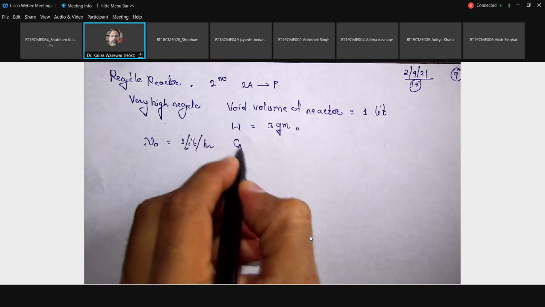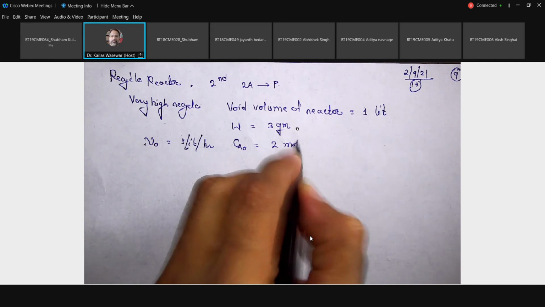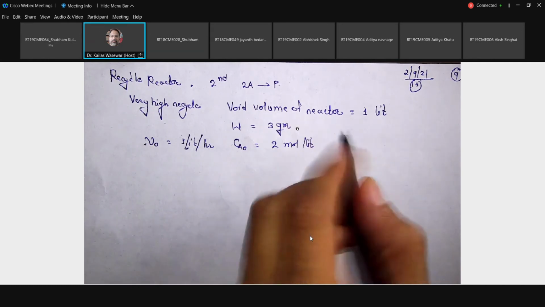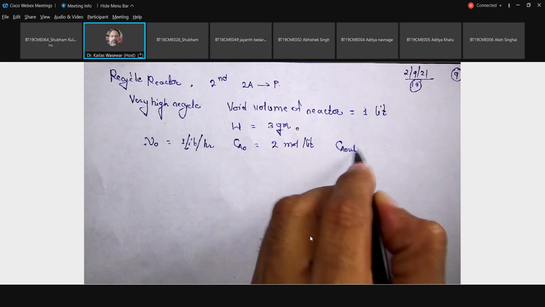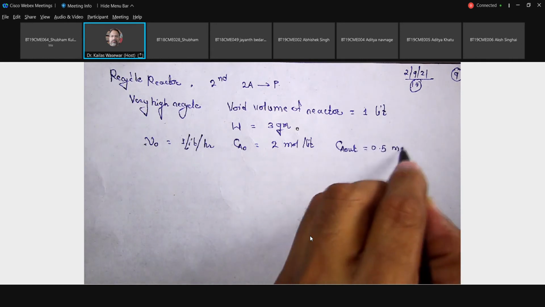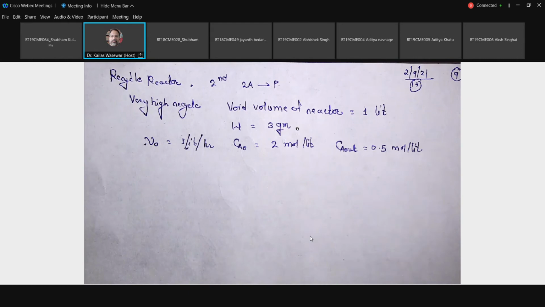Initial concentration of reactant is 2 mole per liter, and exit concentration is around 0.5 mole per liter. Now this is the data which is given for a particular recycle reactor.